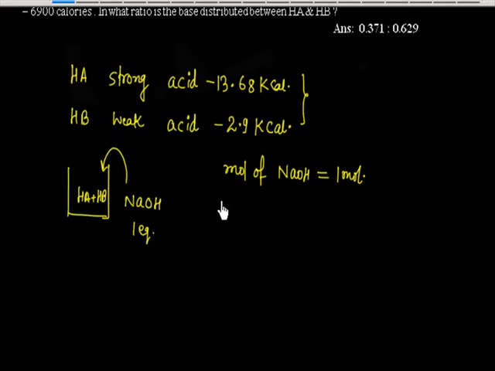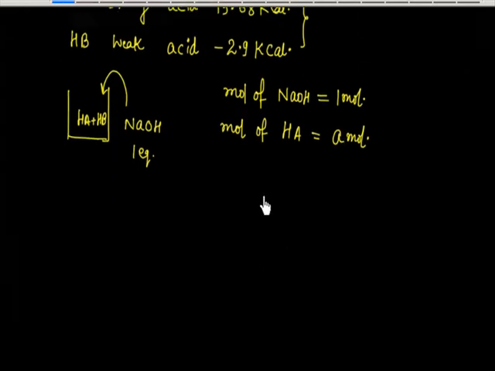So mole of HA is a mole. Now the mole of NaOH that has reacted with HB is 1 minus a, because both have to add to 1. So mole of HB equals 1 minus a mole, because the total reaction is 1 mole.